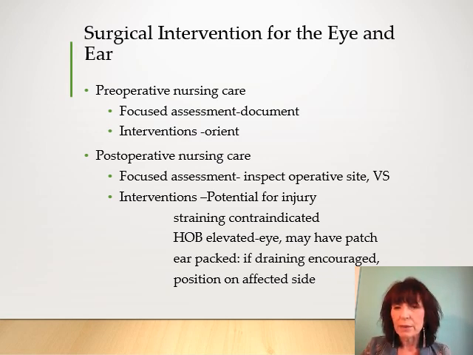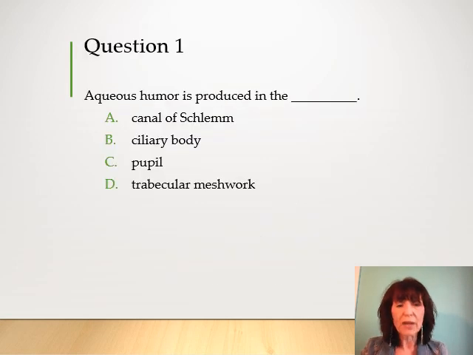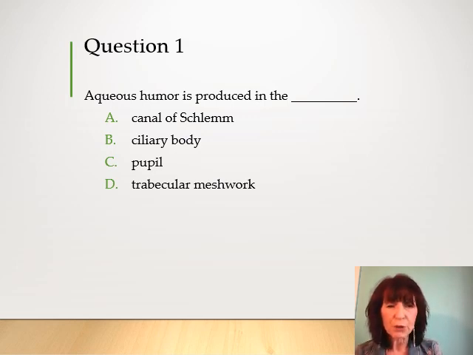All right. Let's try a question. After all of that, I'm almost done. So, 2 questions. Aqueous humor is produced where? I'll give you a minute. Aqueous humor. Think about where it is.